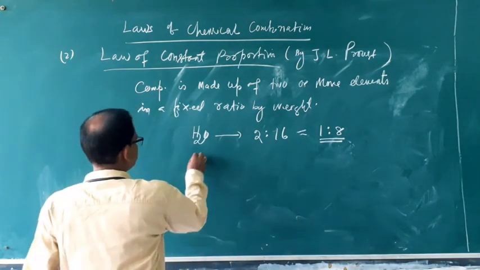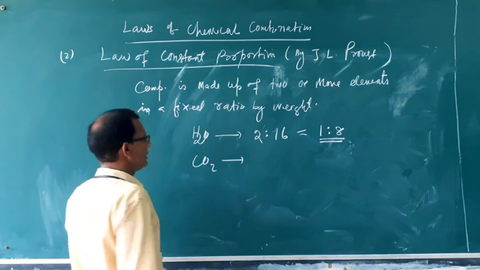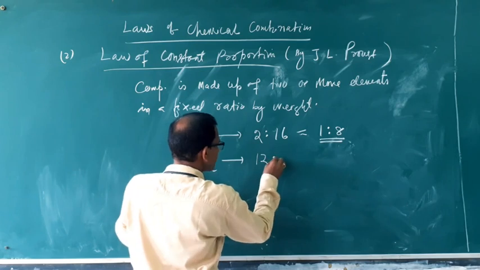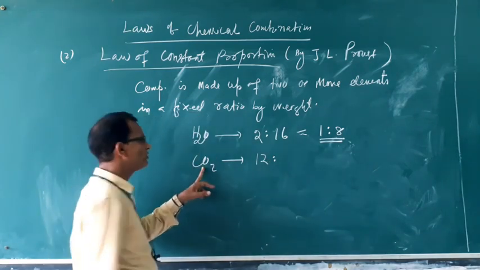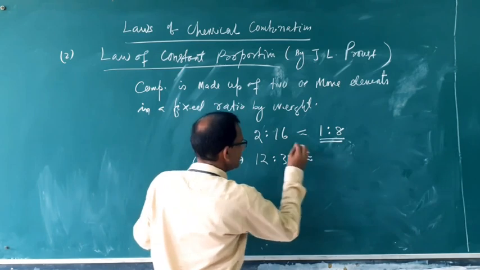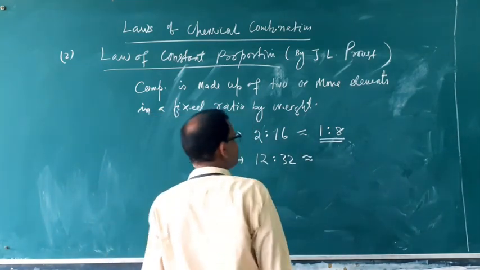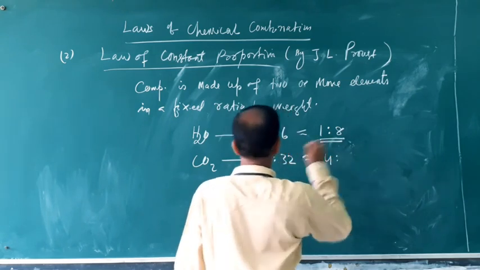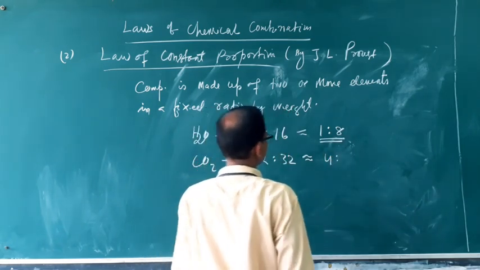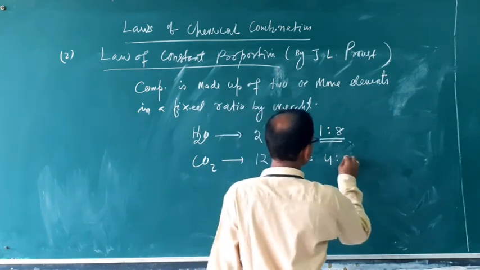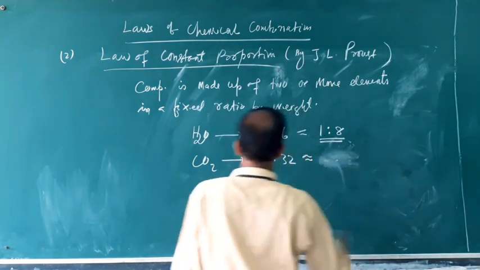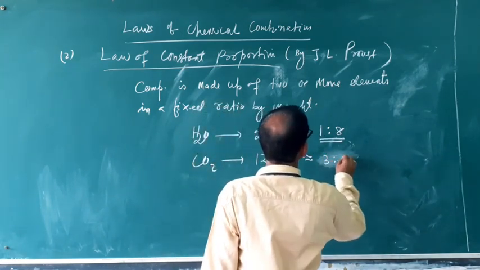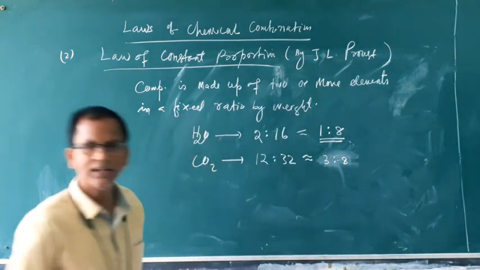Take carbon dioxide. The relative mass of carbon is 12 and the relative mass of 2 oxygens is 32. That is 3:8.